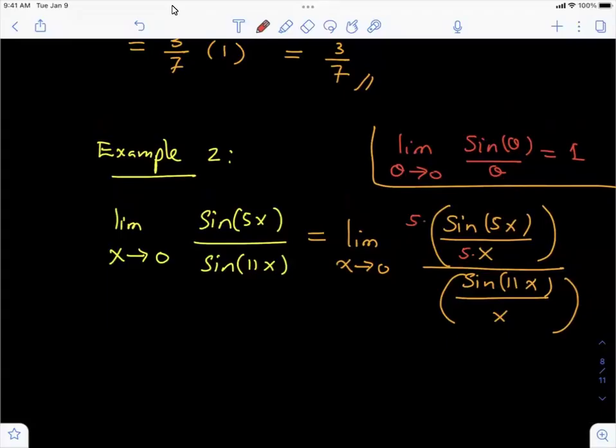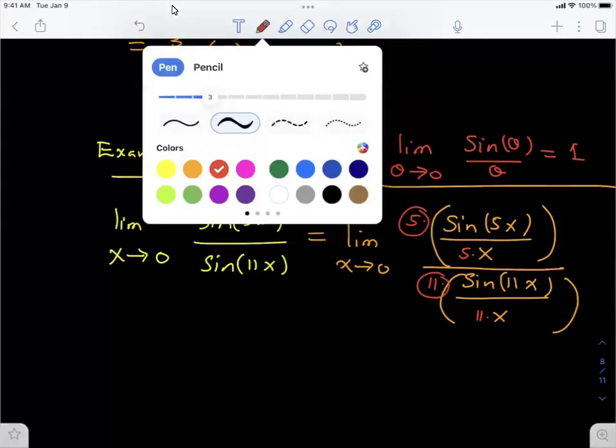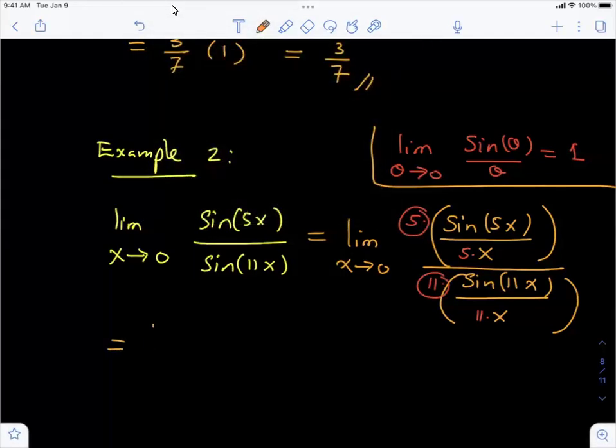So to match with the 11 here, I'm going to introduce 11 here, and then I'm going to introduce 11 out there. If you look at these two components, we can see those two are not getting involved with the computation. So I'm trying to make it, first of all, 5/11. So this is a constant that would move out of the limiting computation in the next step.